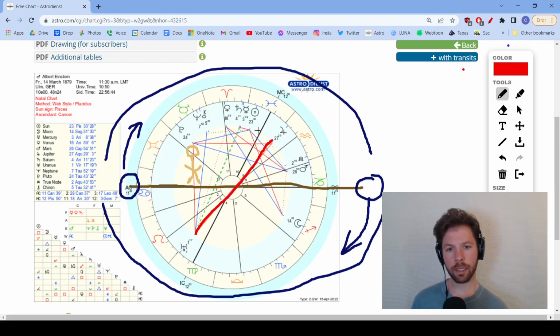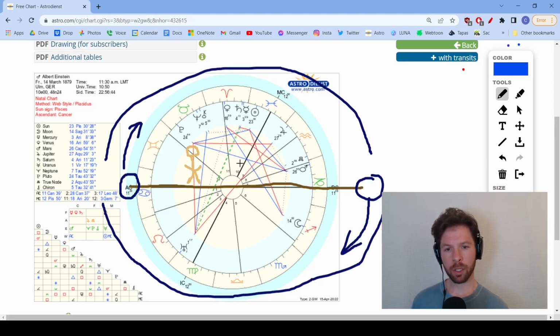You got trines, squares, oppositions. Those are the 3 most basic aspects. And from there, there's a lot of other minor ones as well that you can learn, but we won't get into that today. But I think that is a pretty good overview that gives you an understanding of the different main pieces of what we're looking at here.